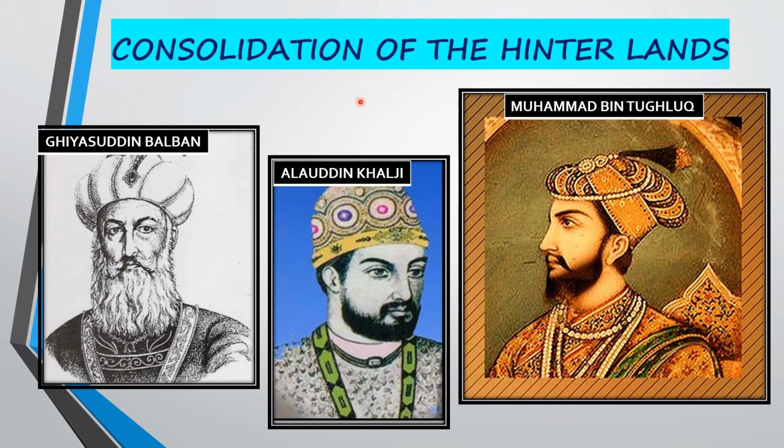Now, what exactly happened during these campaigns? The first point was consolidating the Doab lands between the Ganga and Yamuna rivers. Doab, D-O-A-B, is the land between two rivers. So the land between the Ganga and Yamuna was consolidated first.